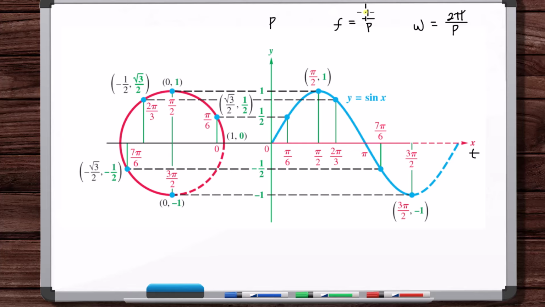Frequency is cycles per second, but cycles is not a unit. The unit of hertz is 1 over seconds. The units of frequency, or angular frequency, are 1 over seconds. So it's important to understand angular frequency.